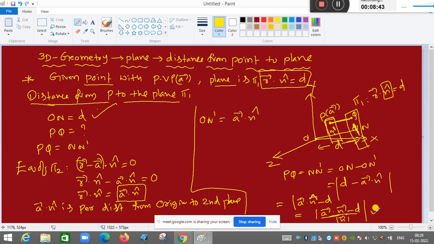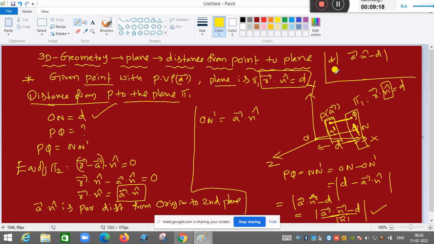Finally, this is the distance from this point to the plane. In place of r bar, you substitute a bar. So the distance is a bar dot n cap minus d; there is no need to divide here, because n cap is a unit vector.